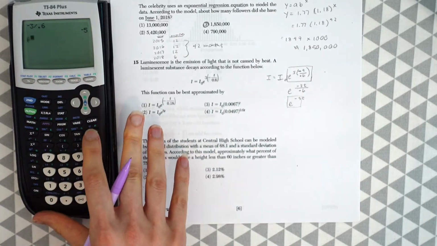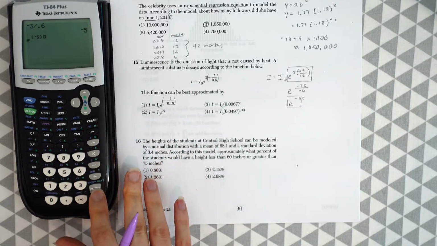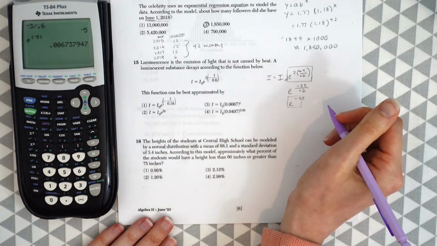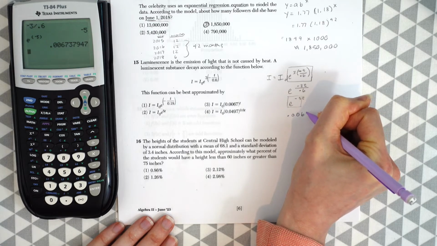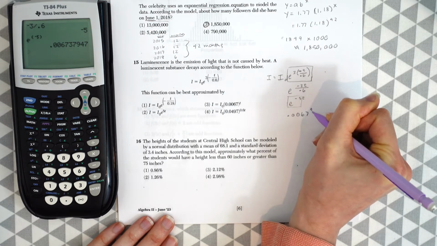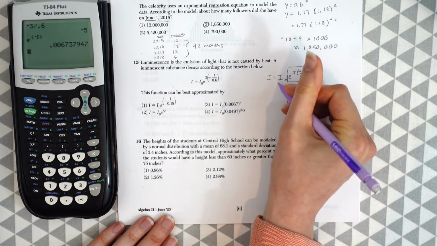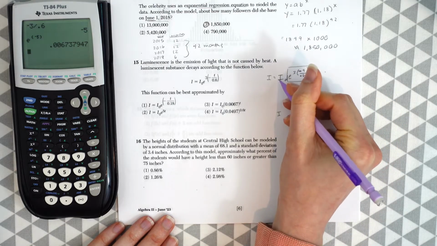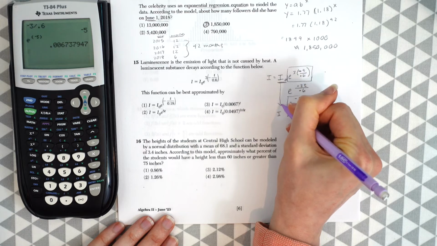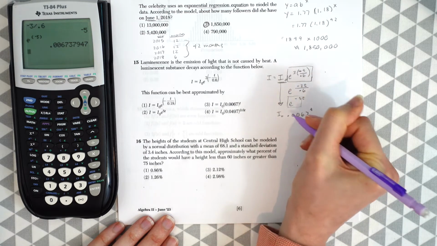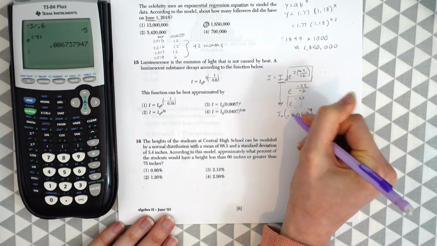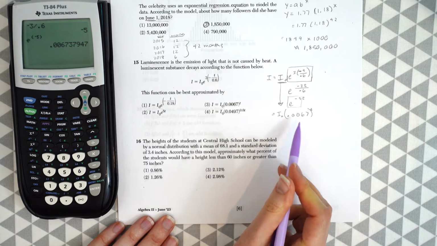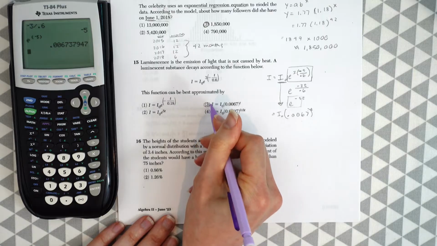So we go second e^x, negative 5, and we get this value, about 0.0067 to the t. And then just bringing down the rest of this equation here, I sub 0 times 0.0067 to the t. And if you look at our answer choices, this looks like choice number 3.